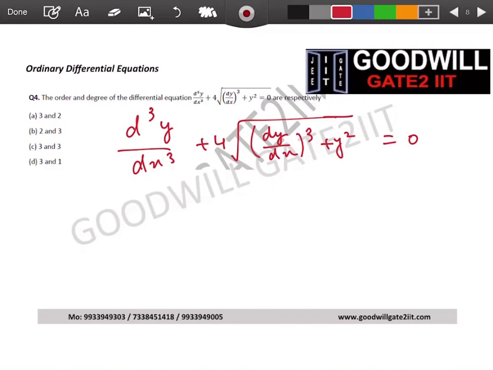Now please find out what is the order and what is the degree of this differential equation. Yes, your answer is correct. Yes, I got a few answers. What about the others?